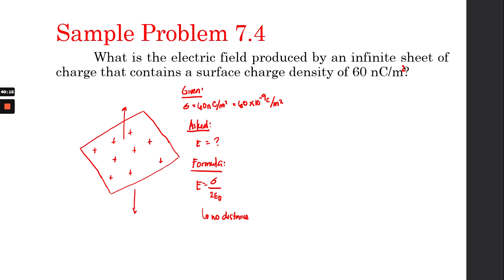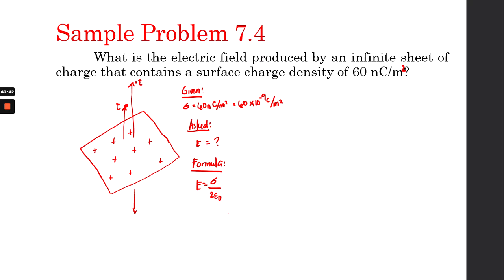It doesn't matter if you're looking for the electric field at this point or at a higher point, the electric field would theoretically be the same, because your formula does not account for the distance. So this is much easier to solve.